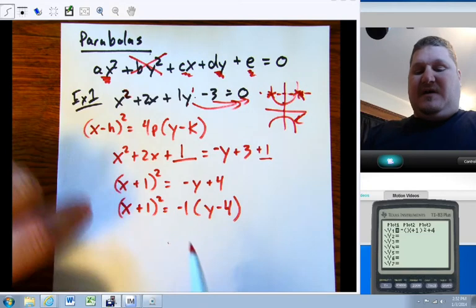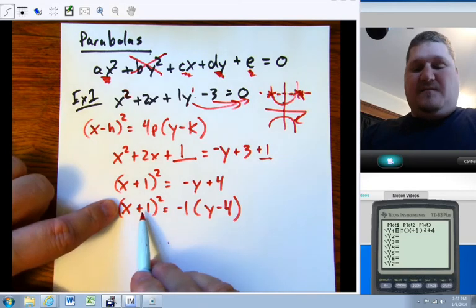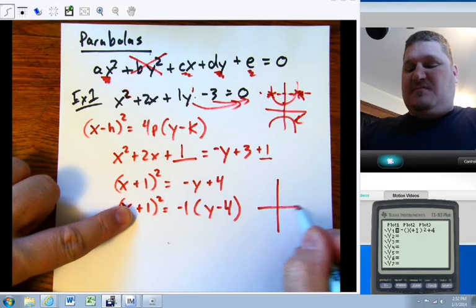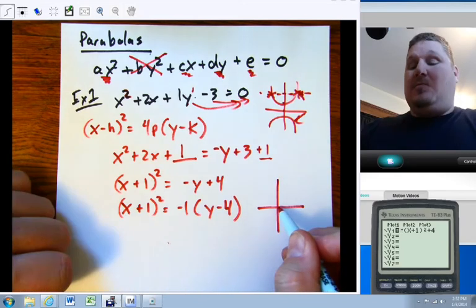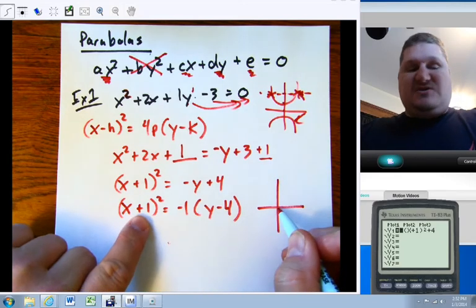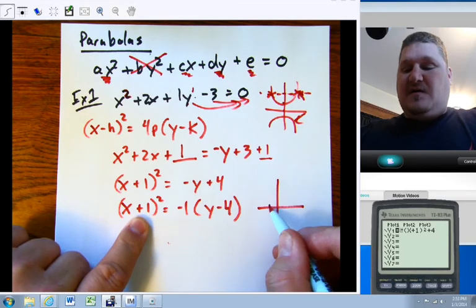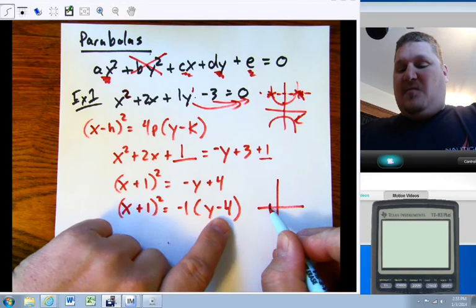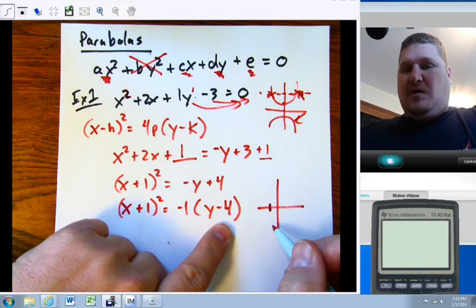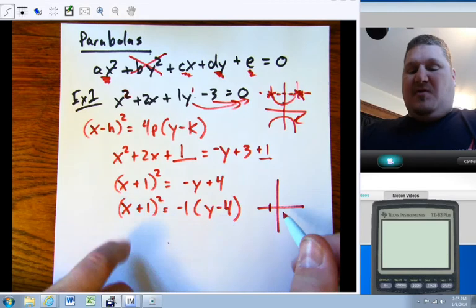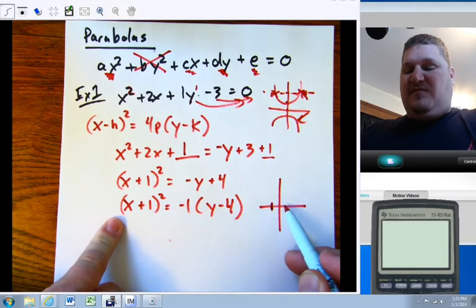At this point, I know it's going to be vertically oriented. Whereas the parabola should be centered at 0, 0, the plus 1, just like in every other equation we've done, moves it left 1 unit. Now, y minus 4, you'd say, then it should go down 4. But remember, if this were x minus 1, it would have moved right 1.